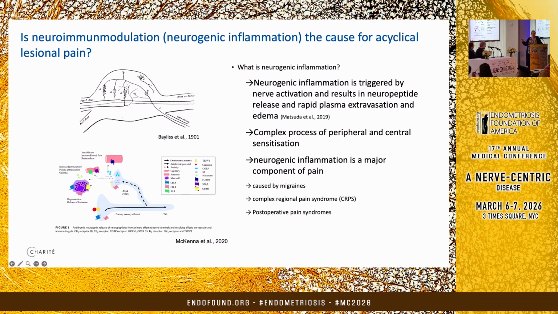So in migraine, we already have an antibody for the prophylaxis. CGRP is one of these neuropeptides released from the sensory nerves. It is also involved in the complex regional pain syndrome. It's also investigated in this area.